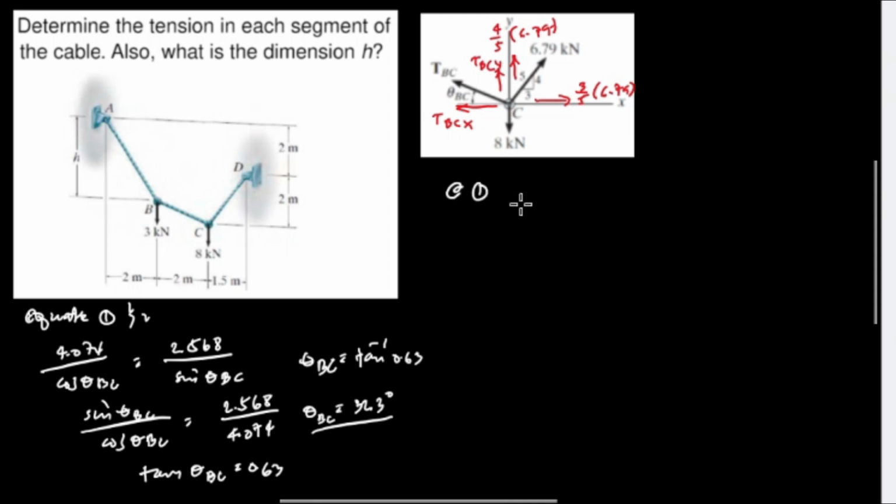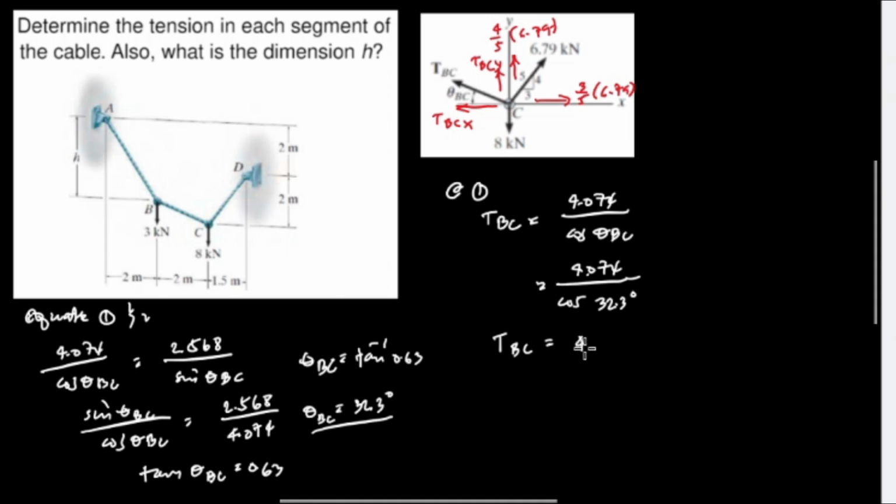At equation 1, TBC is equal to 4.074 all over cosine theta BC, which is cosine of 32.3 degrees. The tension value for BC is 4.82 kilonewton, and that's tension.